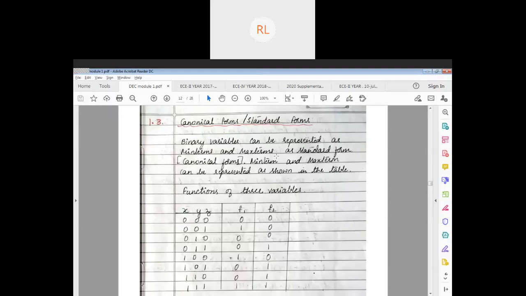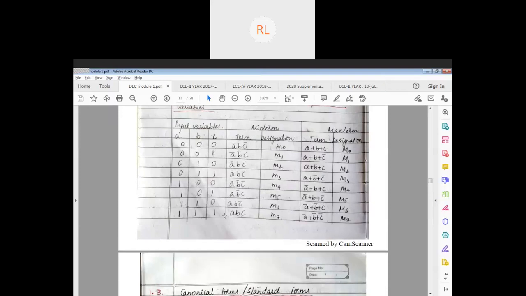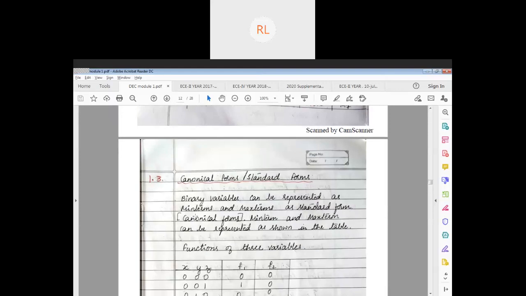Binary variables are represented as min terms and max terms. As I told you, any binary number, I have 000 here, I have 111 here, I can go with even 2 bits, 4 bits, 5 bits, any number of bits, can be represented using either min terms or max terms. So using these two, I can represent any kind of binary format.